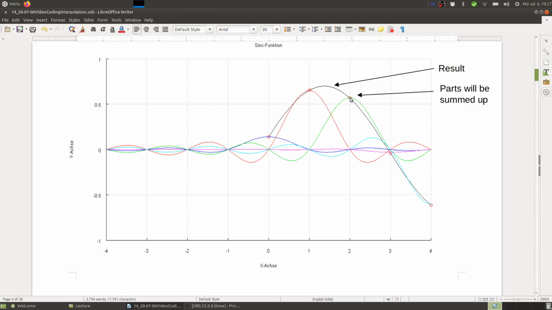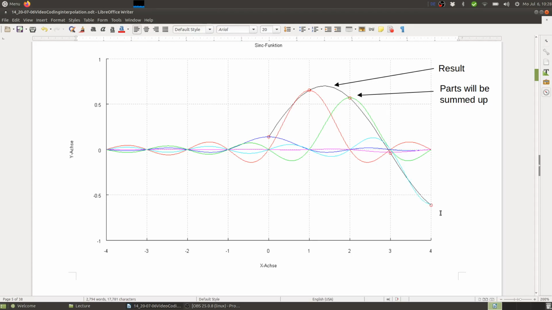And here the same for the next. Here we have a green sinc function for the sample point. And here we have this kind of reddish sinc function for the sample point. And the last one here at x value 4 has this blue sinc function. You can see here just 1/2, the rest would continue here.